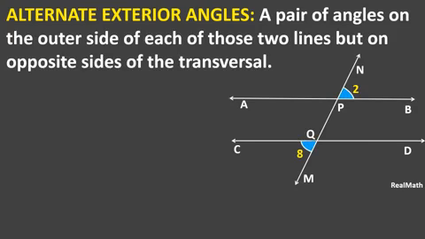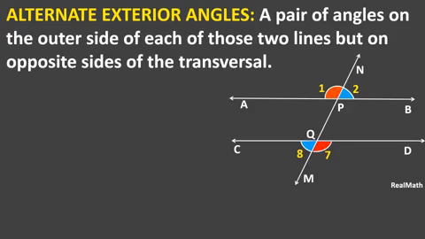Watch now, 2 and 8, it is on the opposite sides of a transversal and also these angles are exterior angles. So these two are the pair of alternate exterior angles, and they have the same value. Angle 2 is equal to angle 8 and one more pair is there, angle 1 and angle 7.